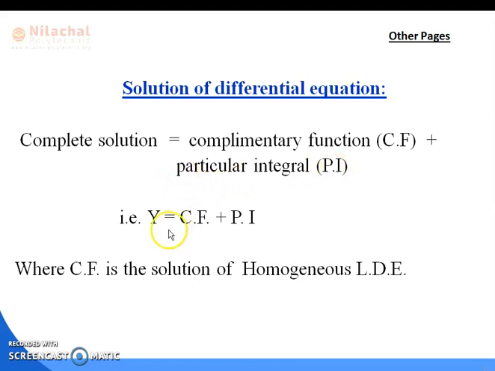So we write the complete solution as y equals CF plus PI, where CF is the solution of the homogeneous linear differential equation. For homogeneous, if the right hand side equals 0, CF is your final answer. And y equals CF plus PI is the solution of the non-homogeneous equation.